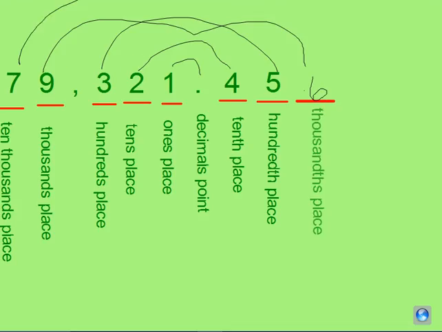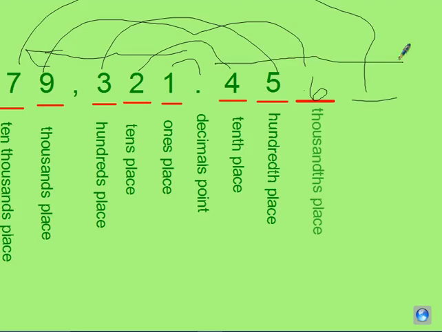And if we would have kept going with our number, if we would have had one more, it would have been the 10,000ths. It would have been the same number here, only th at the end, meaning that's part of the whole. On this side, the number is always getting bigger. So when you go to the left of a decimal, it's always getting bigger.